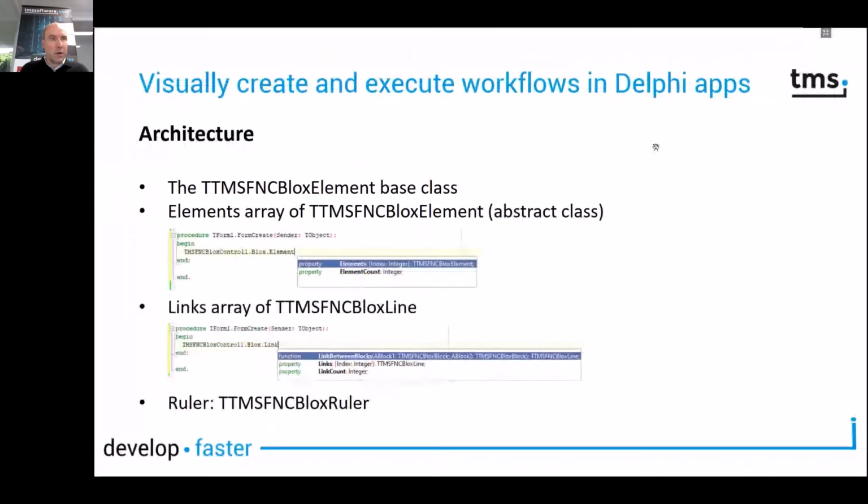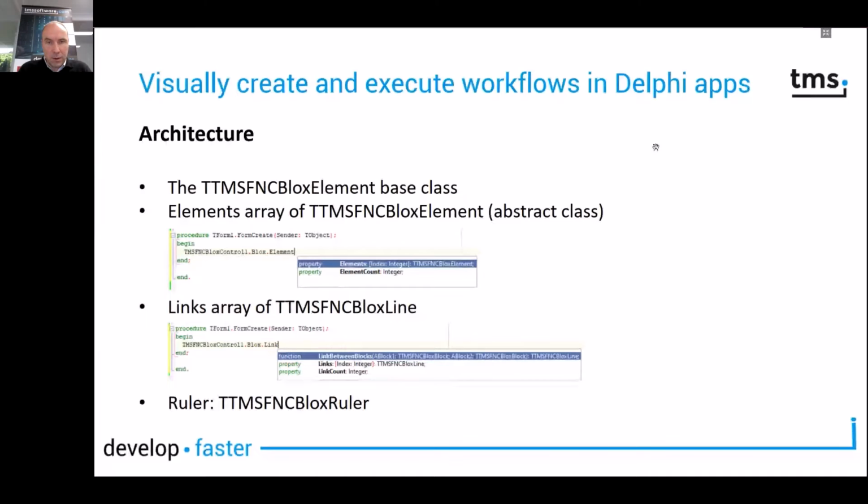Let's now have a look at the architecture of the FNC blocks control. Within the FNC blocks control, the most important part here is that there is a collection of blocks elements. The blocks elements make up everything that is visualized in the blocks control. The blocks element class is an abstract base class for any type of element that is shown in the blocks control.